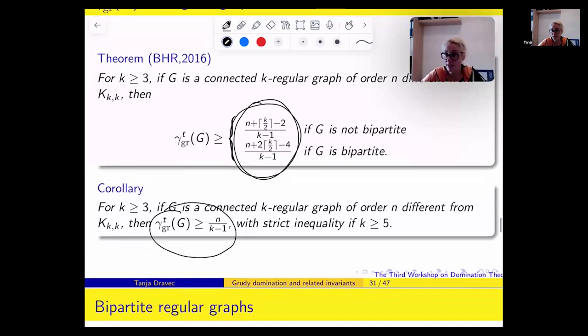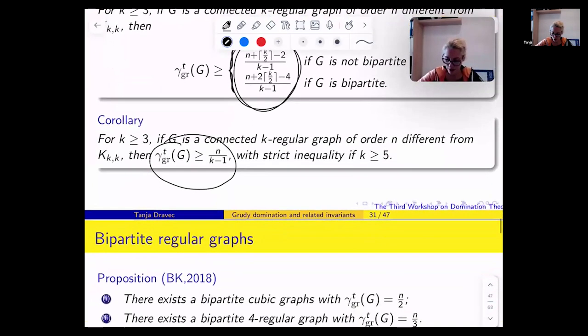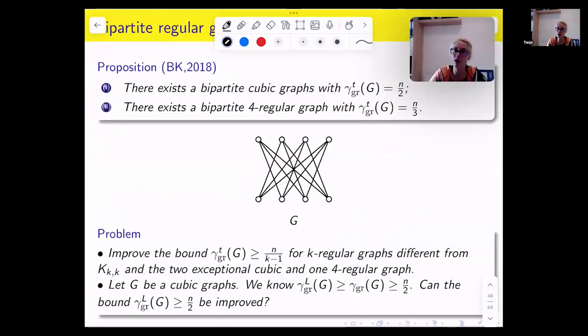But for k at least 5, it is known that there is a strict inequality. So my next question is, if we remove these 3 graphs and the complete bipartite graph K(k,k), can you improve this bound? Because we know that this bound is sharp just for 4 graphs, and this complete bipartite graph K(k,k) is special.